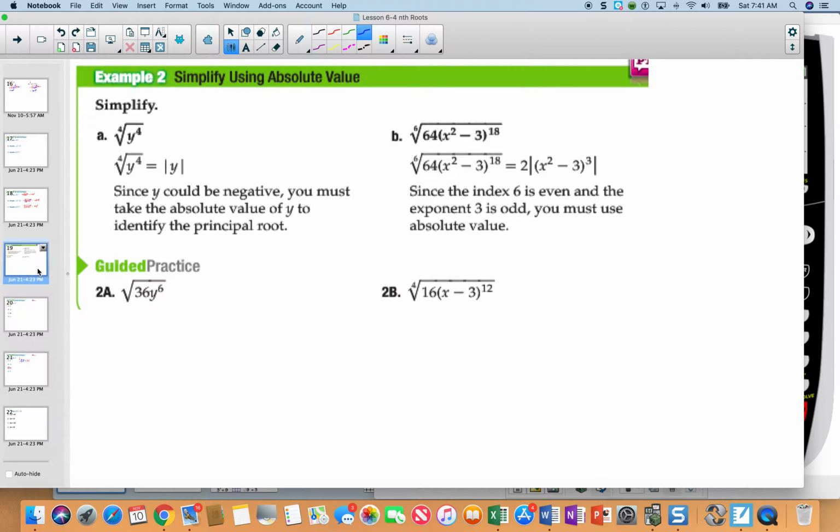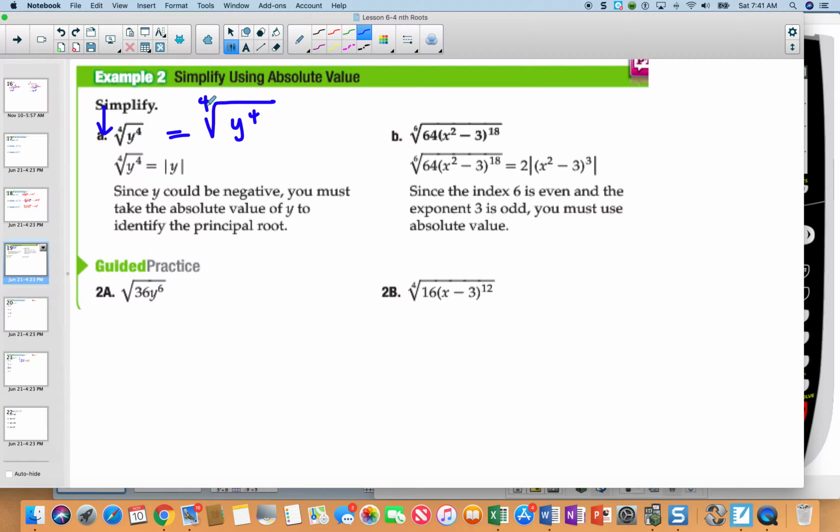Let's talk about higher powers and the need to use an absolute value. Okay, over here we know that this is an even root, and it's implied that this is a positive answer. So we must make sure that we get a positive answer. So when we rewrite it, this is going to be y to the fourth power.